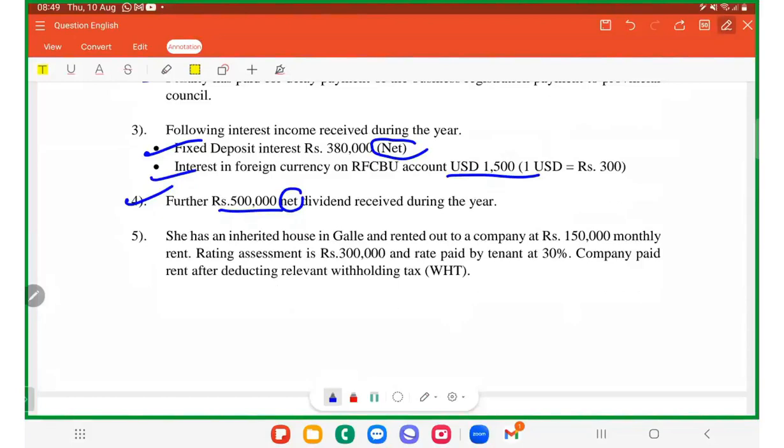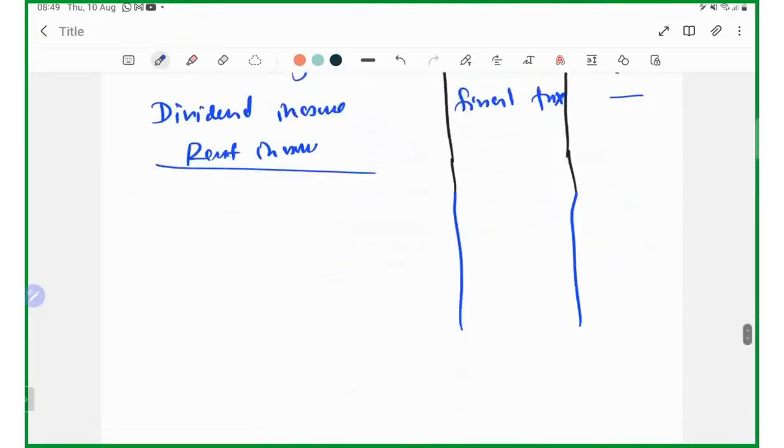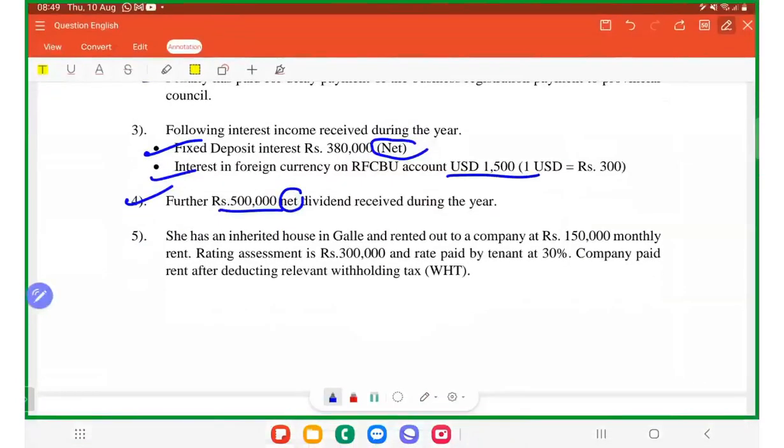So she has an inherited house in Galle. That means rent income. Under that rent income, the value of the monthly rent is 150,000. The rates in the assessment are 300,000, and the rates are paid by the tenant. Tenant means the company, not Dasuni. So 30%.